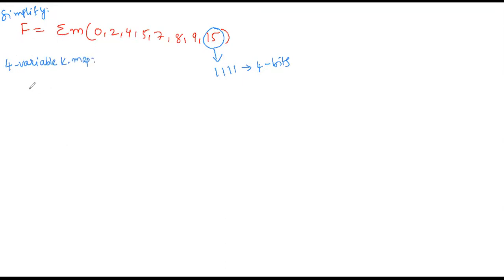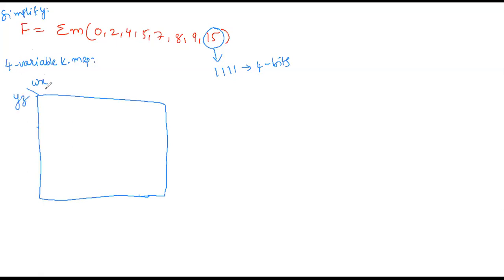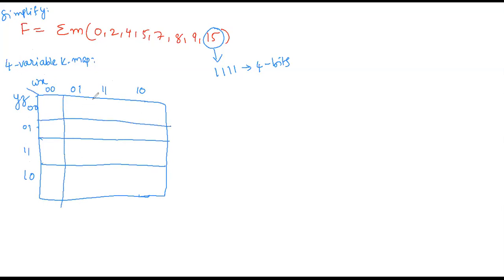The expression is already in standard SOP form, so directly apply the expression into the K-map. WX, YZ. M0, M3.